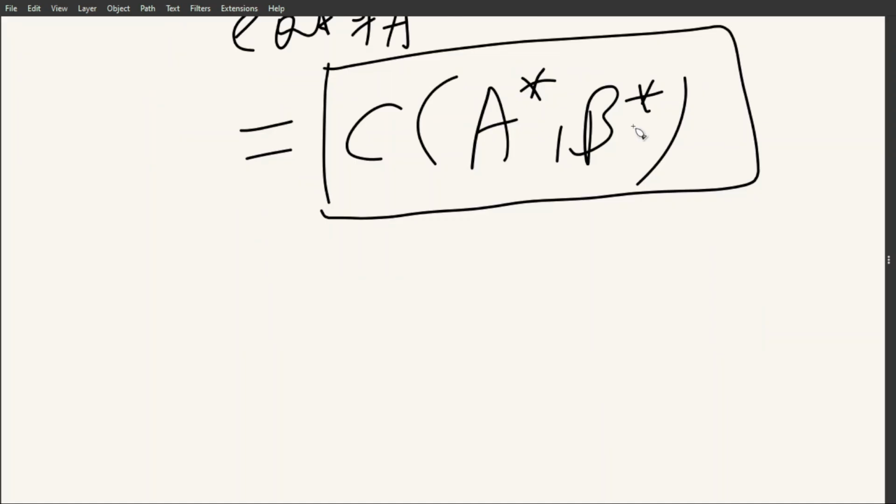Now let us find the time complexity of finding the cut, what extra time we require.